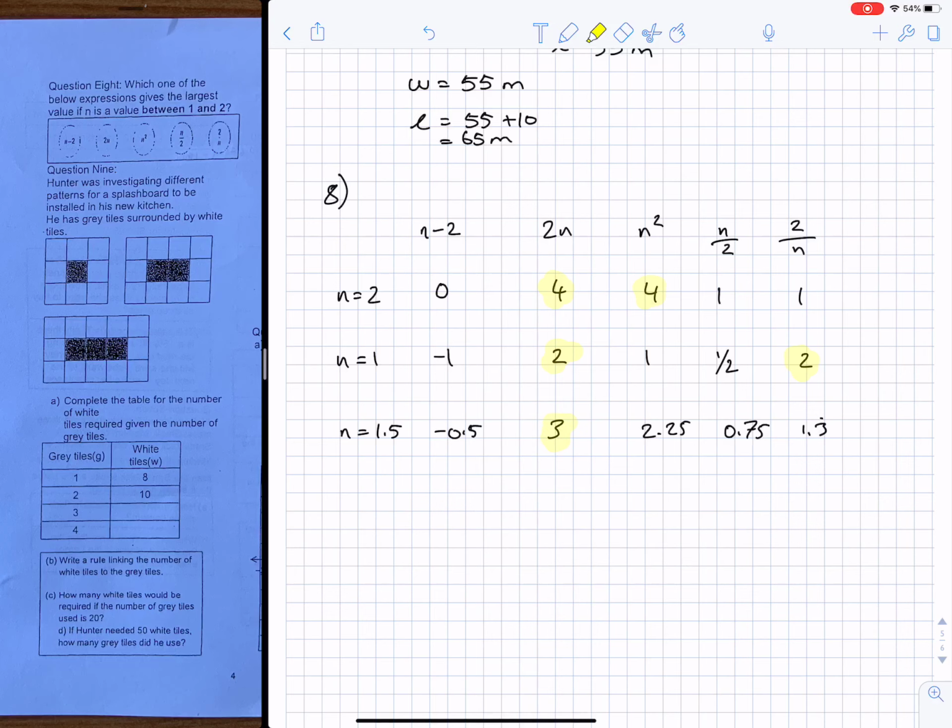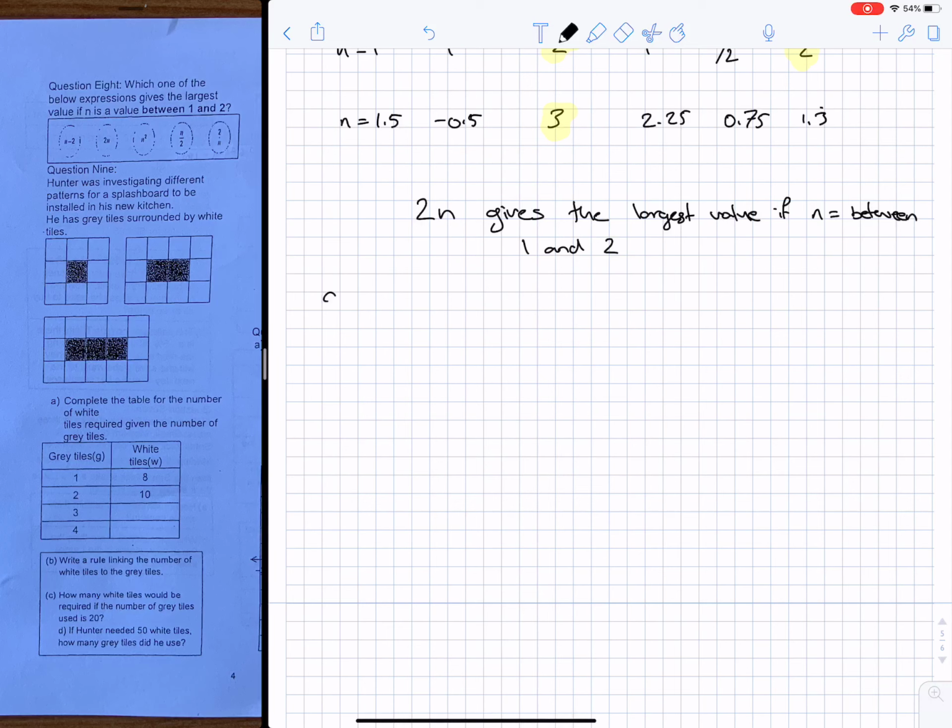So automatically, we can see that 2n gives the largest value if n is between 1 and 2.